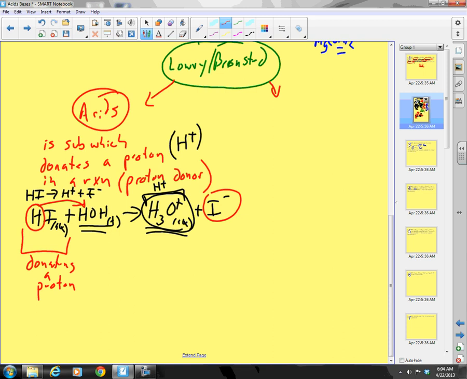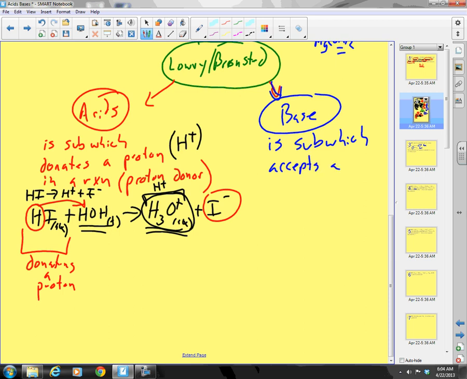Good. What do you suppose a base is then, according to Lowry Bronsted? Well, it is a substance which accepts a proton in a reaction. Got it? So it is a proton acceptor, or an H plus acceptor.